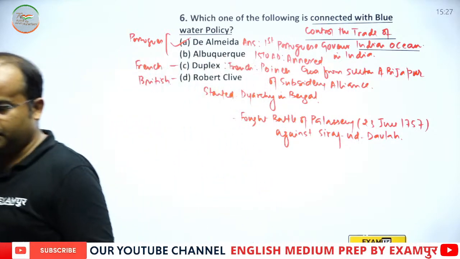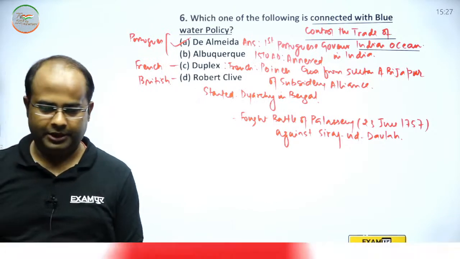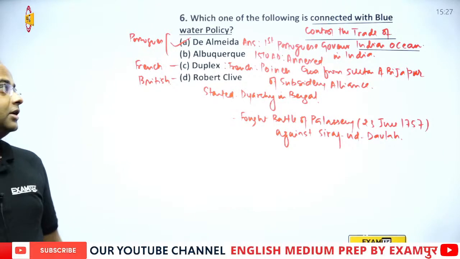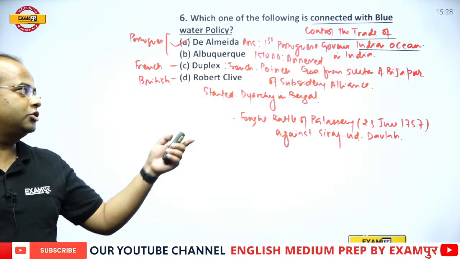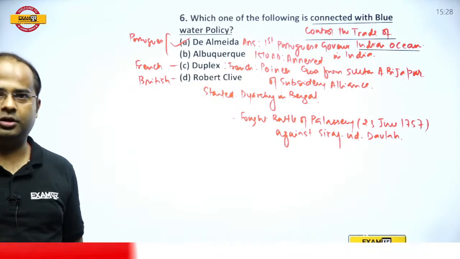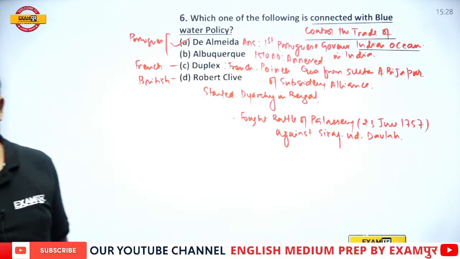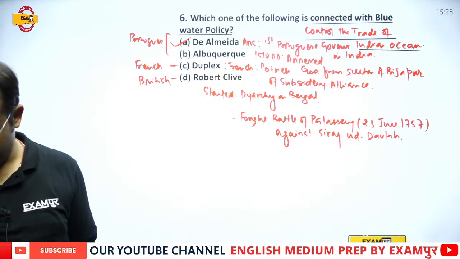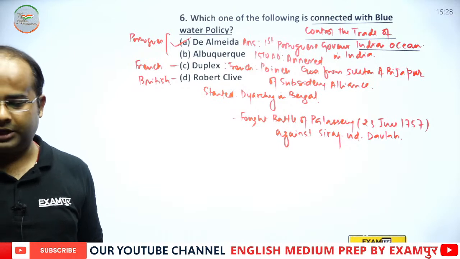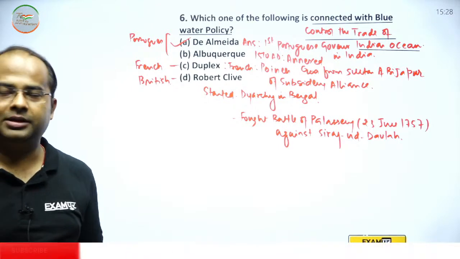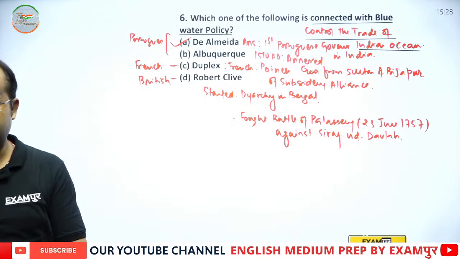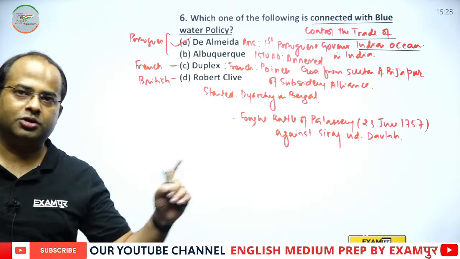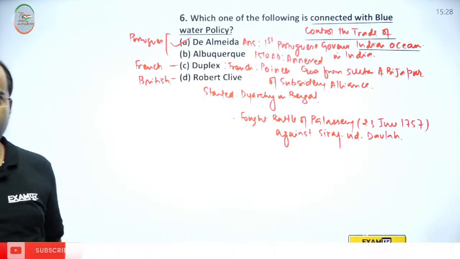Therefore, the correct answer will be Francisco de Almeida, and whatever is their contribution, we have written everything on the smart board. So you can take a screenshot or note it down also. So the correct answer will be, guys, option A, that is Francisco de Almeida. He started the blue water policy, that was to control the trade of the Indian Ocean.